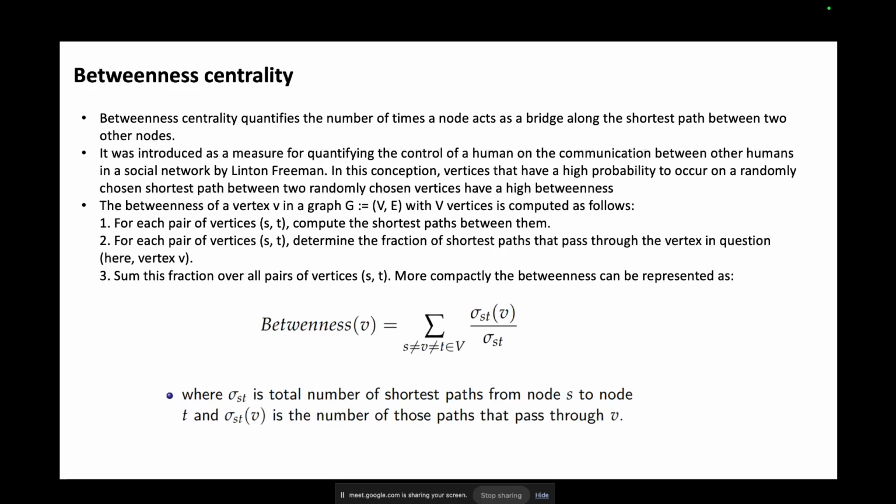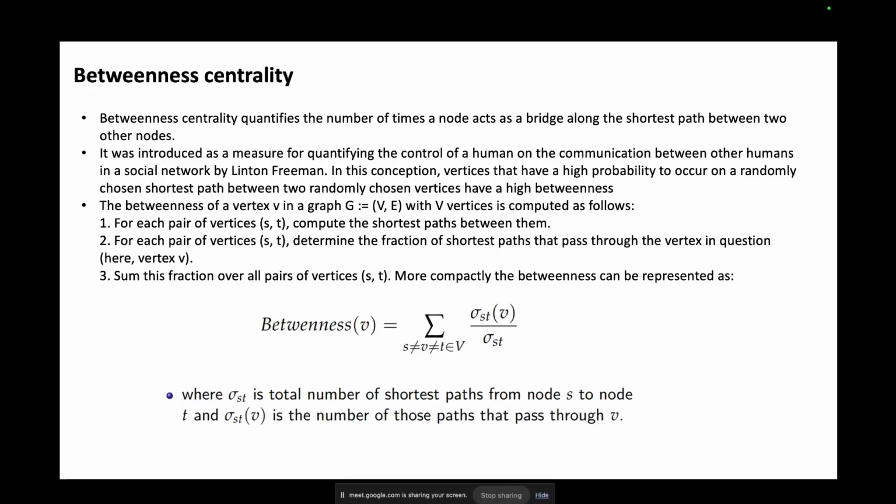So it'll give you a fraction, it'll always be less than 1. The higher the value, the more that node of interest, which is v here, is a very important node if you want to go from s to t. Your node v is very important.